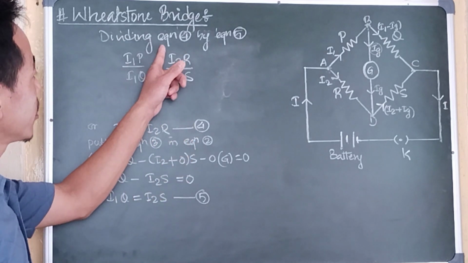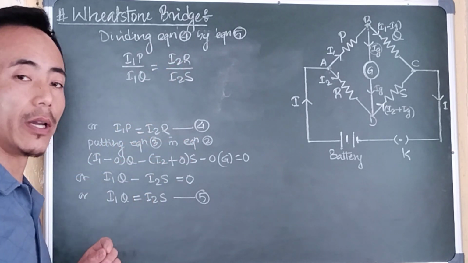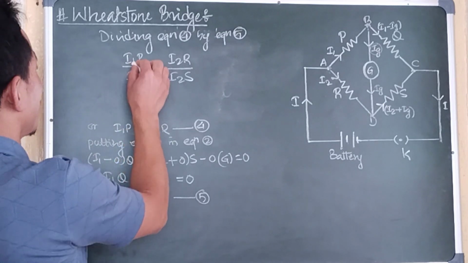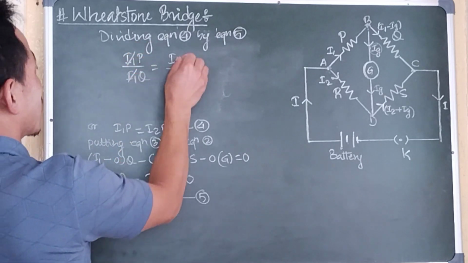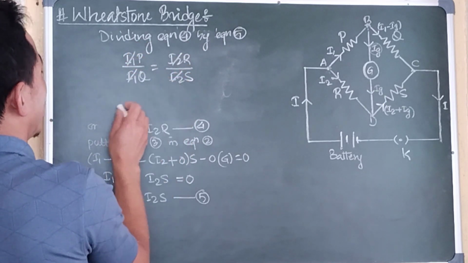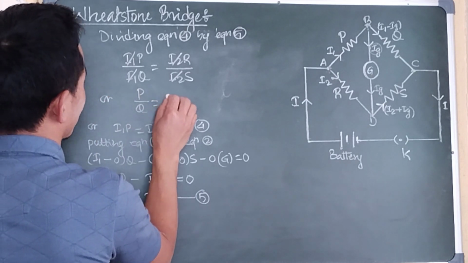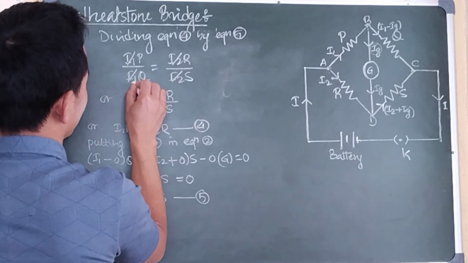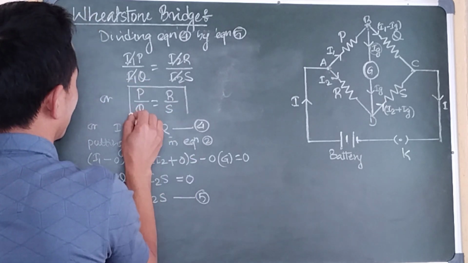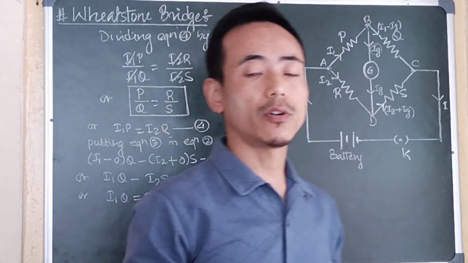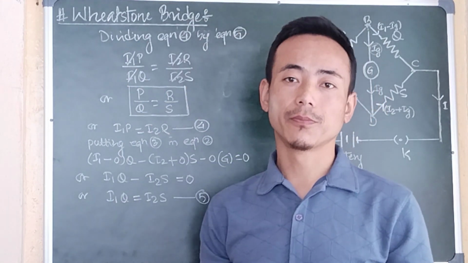Here you can see we can cancel I1 and I1, and on the right hand side we can cancel I2 and I2. So we get the equation P by Q equals R by S, and this equation P by Q equals R by S is the working formula for the Wheatstone bridge.